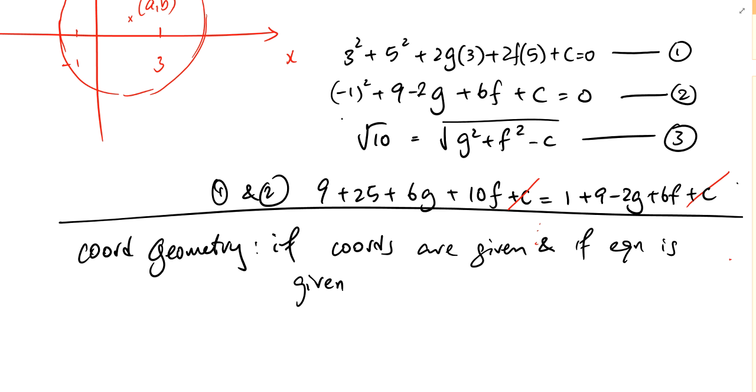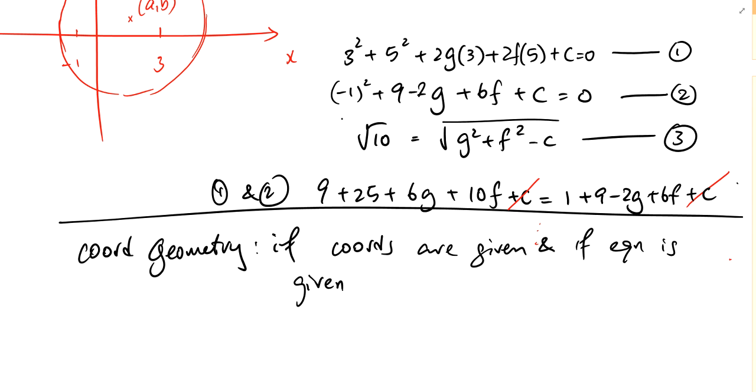It could be a parabola, y equals ax squared plus bx plus c, then they give you a set of coordinates. It could be a circle, then they give you a set of coordinates. First thing you need to do is always substitute the coordinates into the equation, because the coordinates must satisfy the equation.